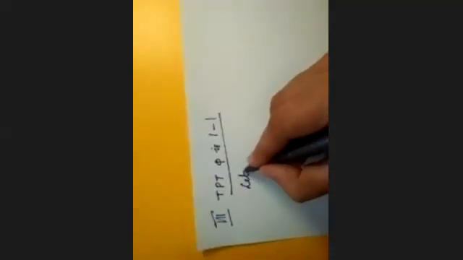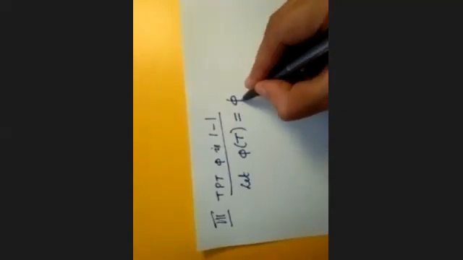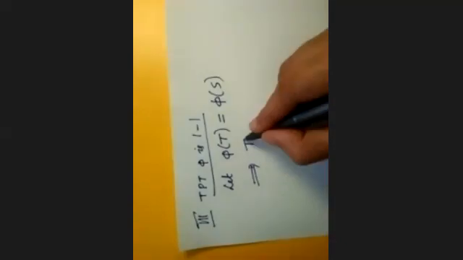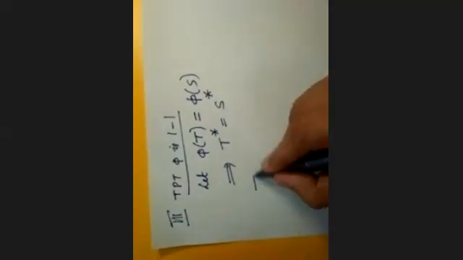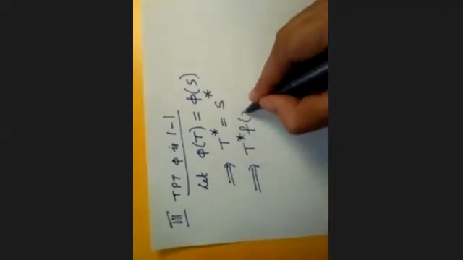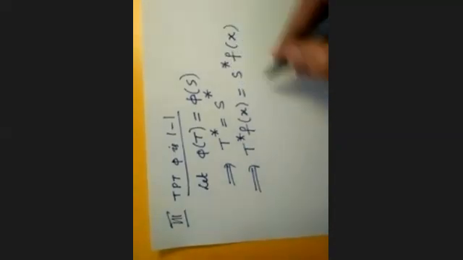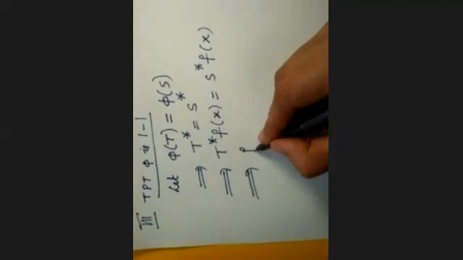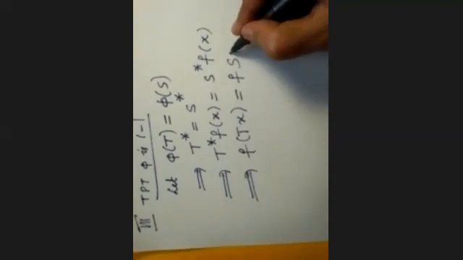So let us take two operators T and S with phi of T equal to phi of S. By definition, this is nothing but T star equals S star. This is nothing but T star acting on f equals S star acting on f. Now using the definition of star, f of Tx equals f of Sx.